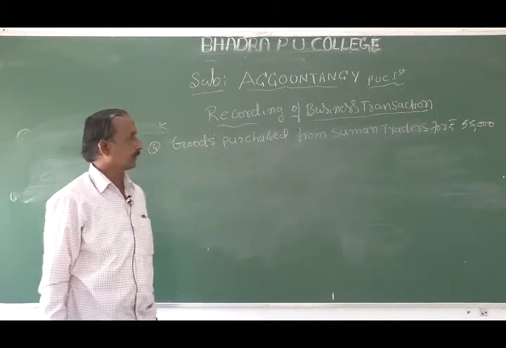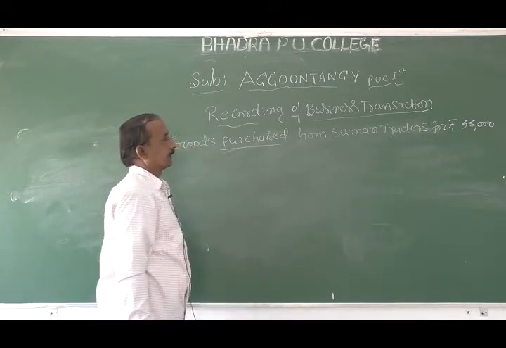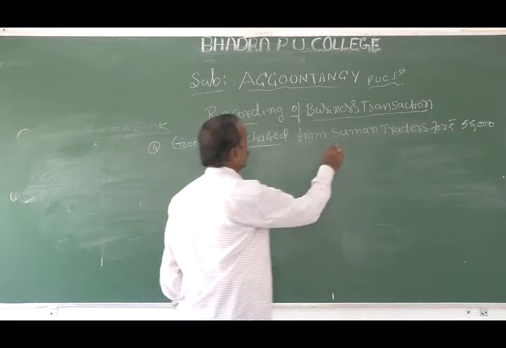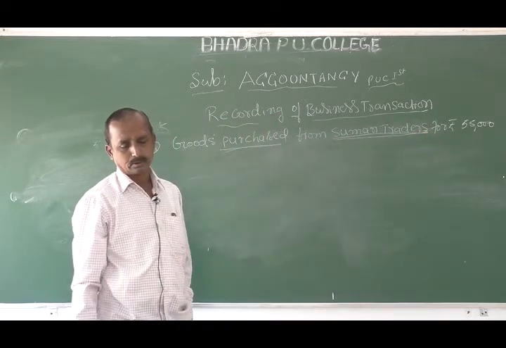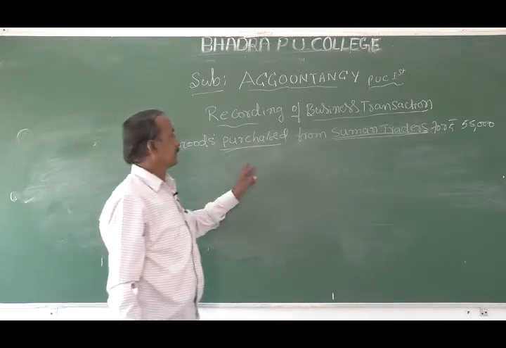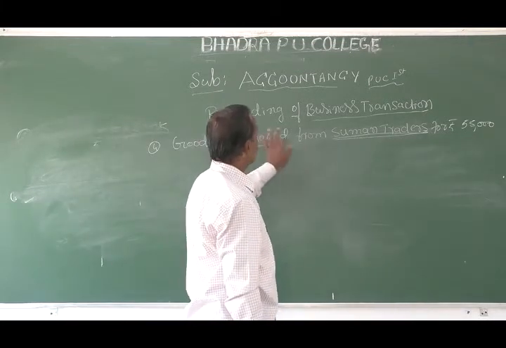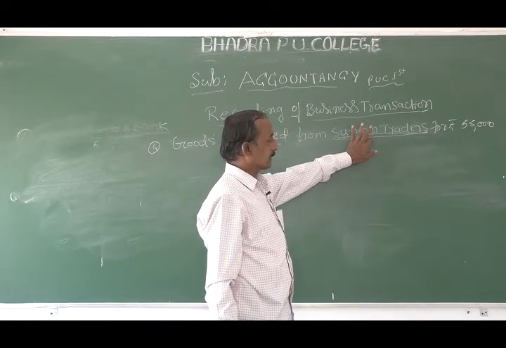There are two accounts. One is purchase account, another one is Suman Traders account. Goods purchased from Suman Traders. Suman Traders is a personal account.